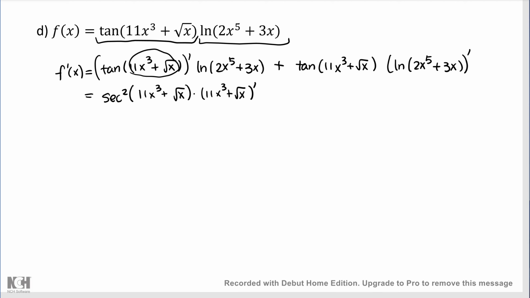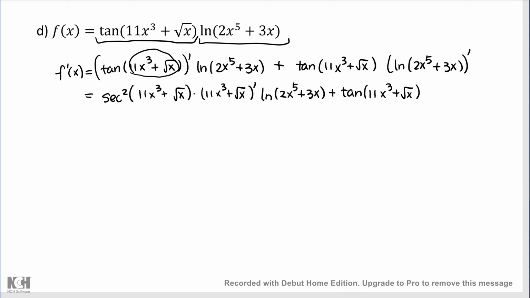The u prime is always after you differentiate the regular formula. You multiply at the end. Multiply u prime at the end, and then we have ln of 2x to the 5th plus 3x plus tangent 11x to the 3rd plus square root of x.